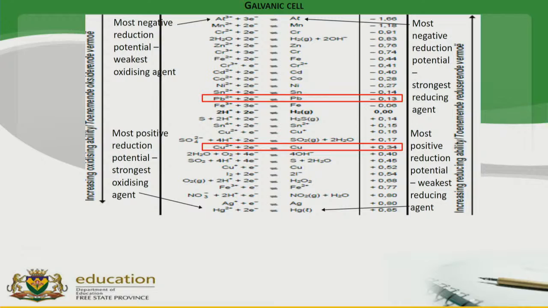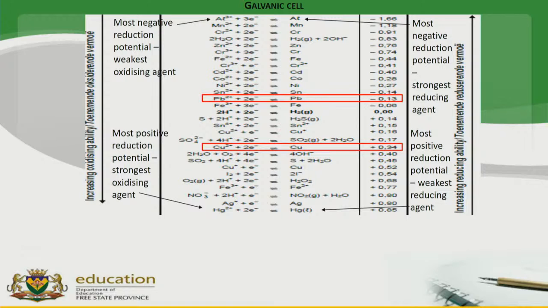We have realized over quite a number of years that most grade 12 candidates cannot correctly give an explanation in terms of comparing the strength of oxidizing agents versus the strength of reducing agents.